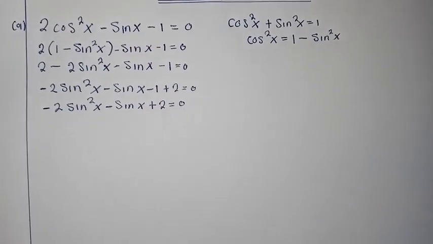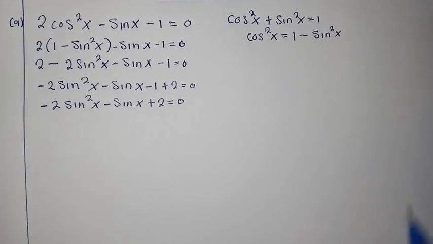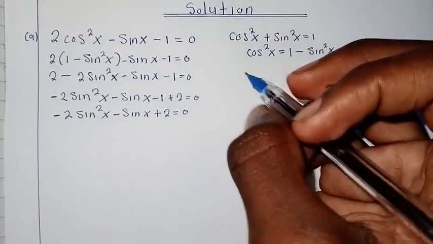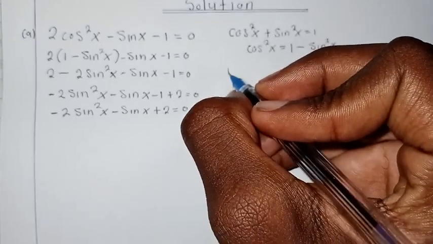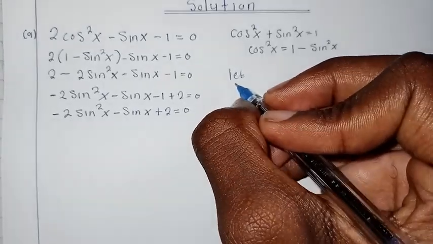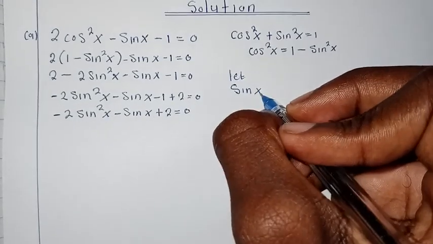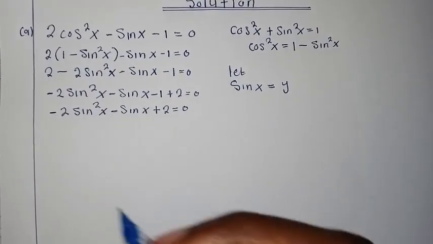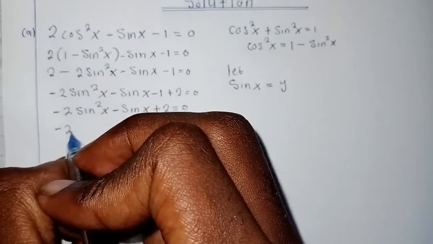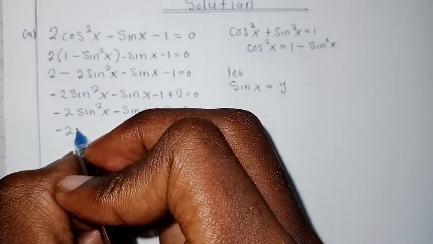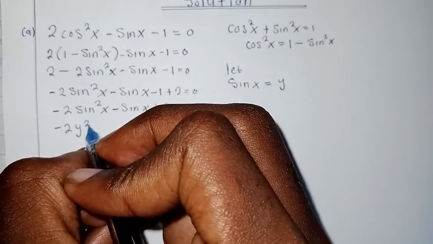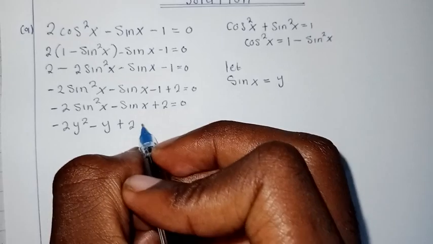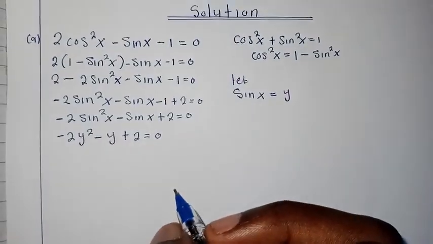So when you reach here, it now makes sense. You can use the substitution method, where you let sine x equal to y, so that you can have negative 2 y to the power 2 minus y plus 2 equal to 0.